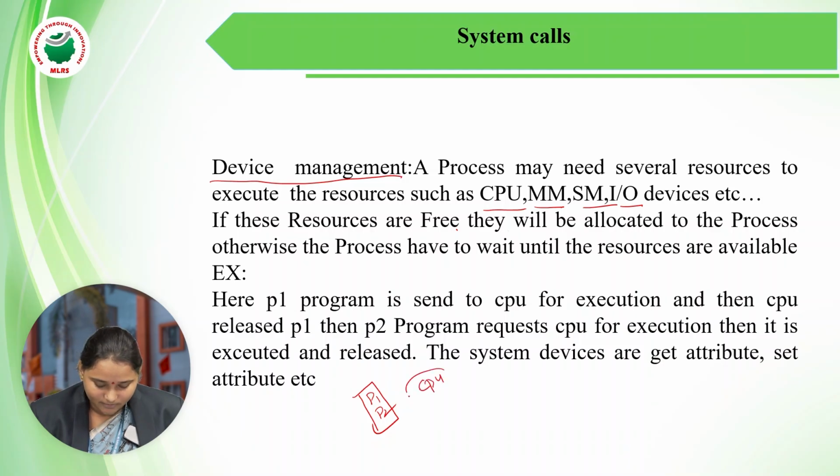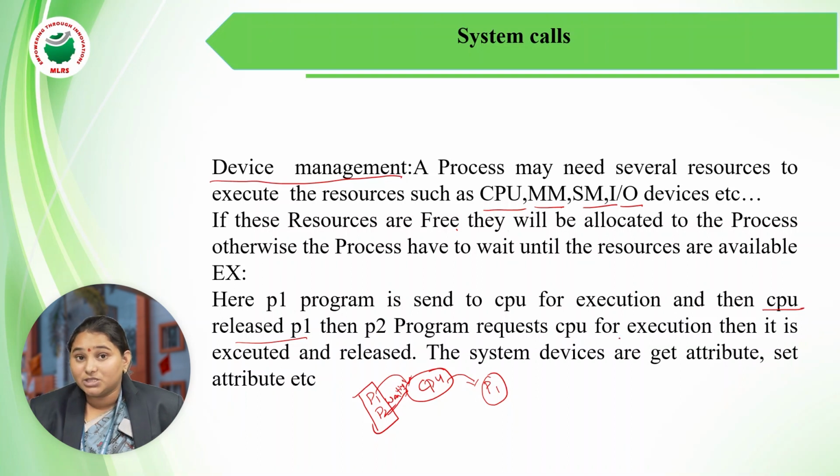If the program P1 is sent to the CPU for execution, after execution of the program, P1 is released. Next, P2 is waiting. P2 requests the CPU for execution. Then the OS selects program P2 and sends it to the CPU for execution. After execution of program P2, it is released from the CPU.